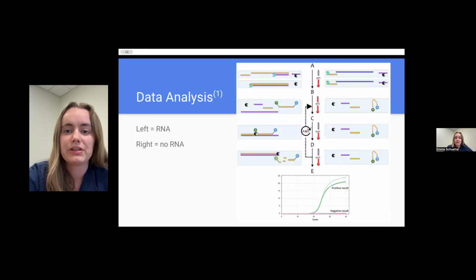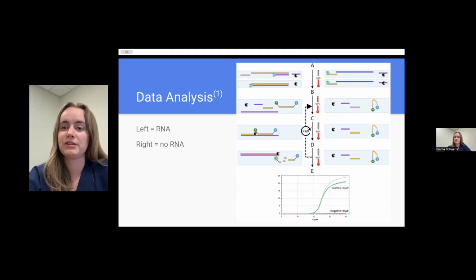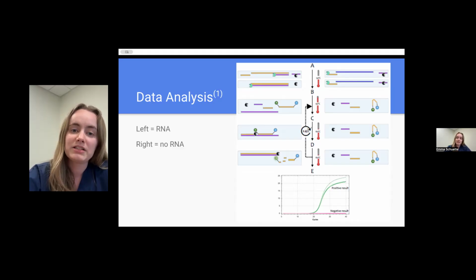As you can see here, this is an example from an article that describes this process. On the left, we have an RNA sample, and on the right, we have a no RNA sample. So basically, if this was a COVID test, on the left, we have a positive COVID sample, and on the right, we have a negative COVID sample. In that positive sample, there is RNA present.